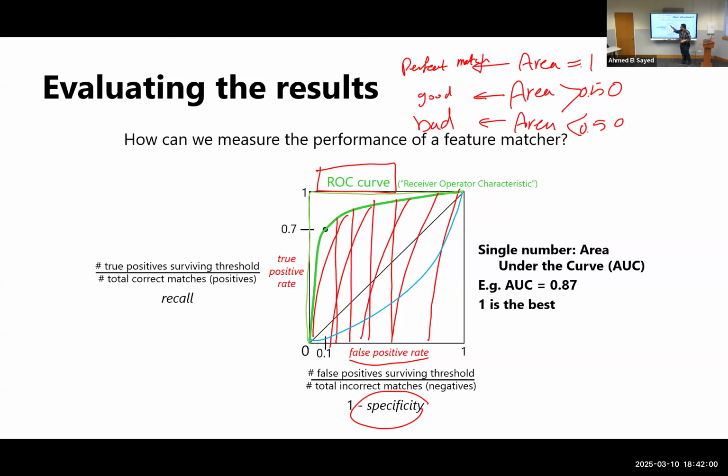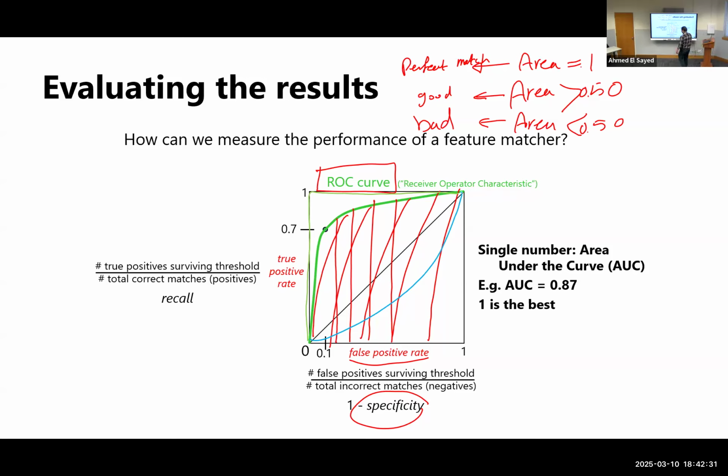This middle line actually, or this 50%, is the chance. It's like if you toss a coin and see if this is good or bad. So this is the 50% chance, the tossing-a-coin probability. Lower than this means bad, upper than this is good. Okay, so looking at the ROC curve can give you an indication about your matching technique.